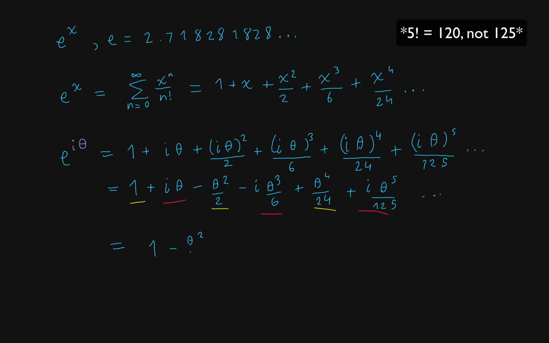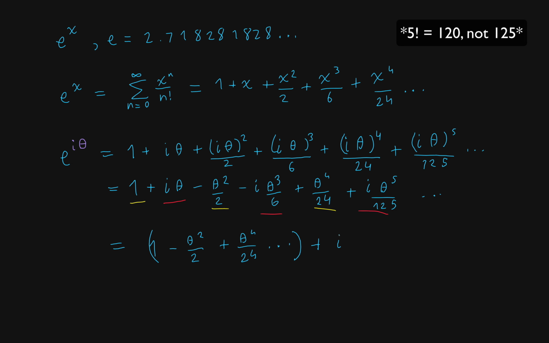I'm going to add those back. Theta squared over 2, and then plus theta to the 4th power over 24. And if you added more terms, it's just going to basically be more of the even powers again. So we're just going to close this off.